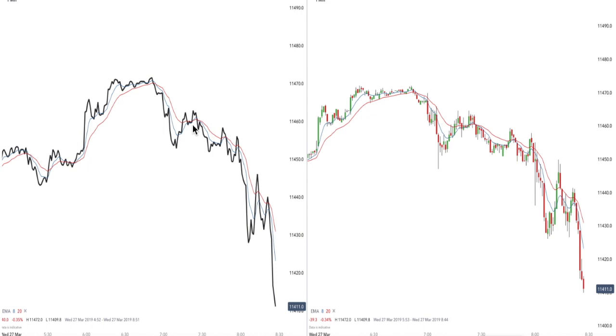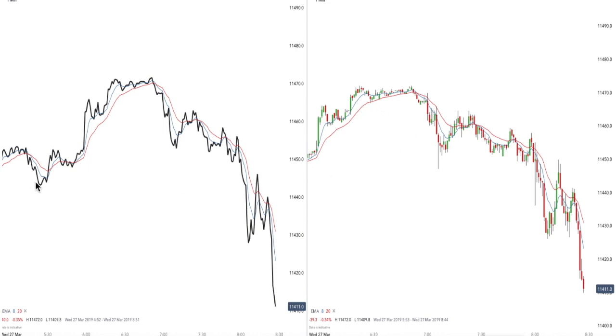So I'm looking for candlestick patterns, I'm looking for chart patterns within the price action that tell me that I'm likely to be right with my decision. And that's why I use the candlestick charts as well. Same moving averages, red 20, blue 8, on the candlestick charts.